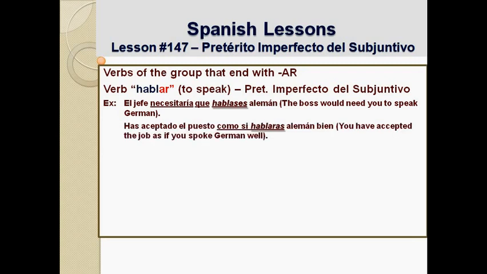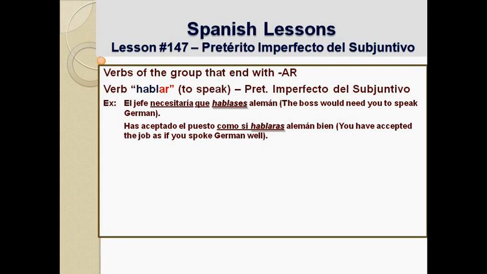Another example. Has aceptado el puesto como si hablaras alemán bien. You have accepted the job as if you spoke German well. Has aceptado el puesto means you have accepted the job or the position. Como si is as if.